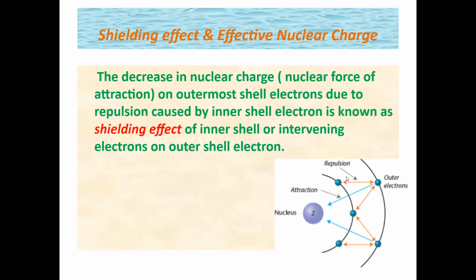So due to these repulsions between the inner electrons and the outermost electron, finally the original nuclear charge is reduced. This phenomenon is called the shielding effect of the inner shell.